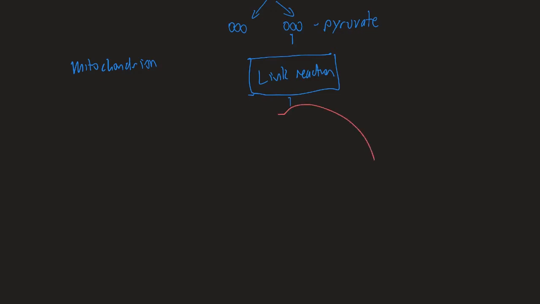Okay, so we've got a little link reaction here, and then the next main part of the process is a cycle called the Krebs cycle, or you also see it called the citric acid cycle. So as the name suggests, it's a cycle, so it goes around and it continues to recycle with inputs and outputs. Our input is the intermediate that we had from this link reaction.